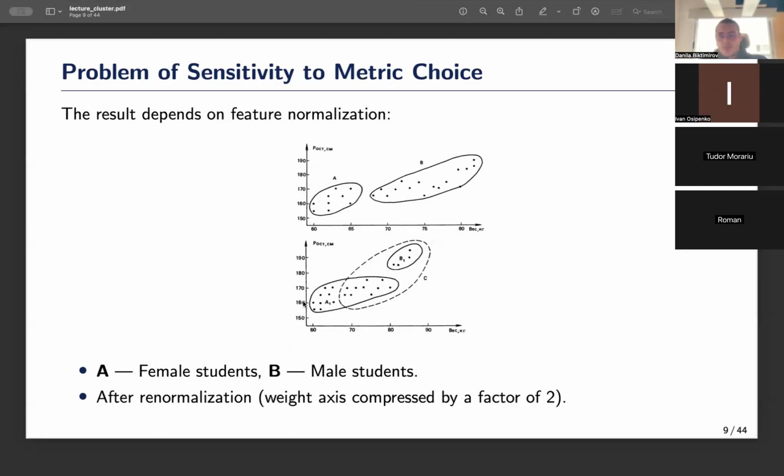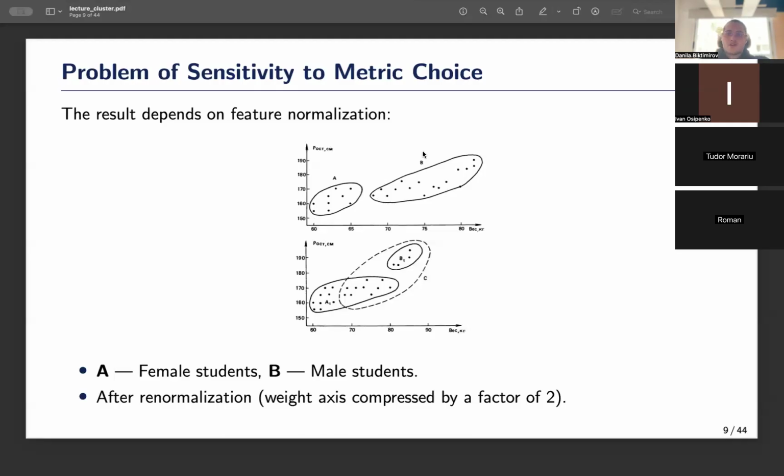When the data points were plotted, the clusters seemed intuitive. Female students formed one cluster, A, and male students formed another, B.